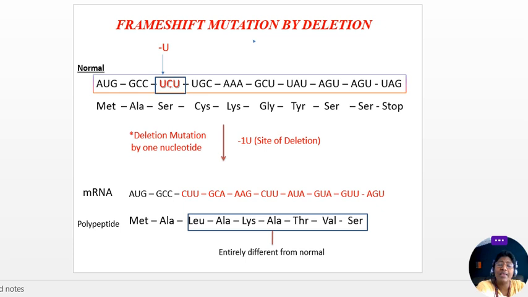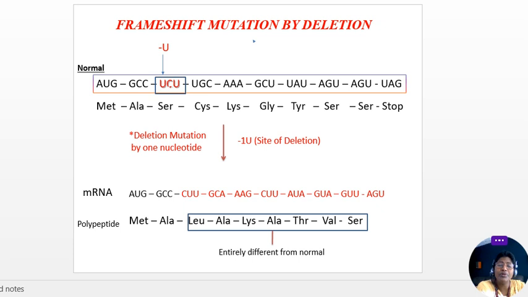So what will happen? The second base C and the third base will form a codon with the first base of the fourth codon, and the remaining two bases of the fourth will join with the first base of the fifth codon. Like that, the codons will be changed.